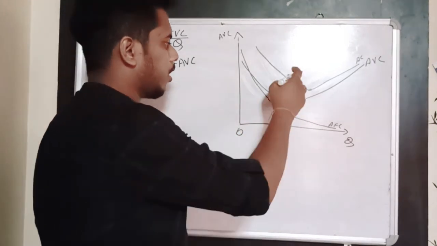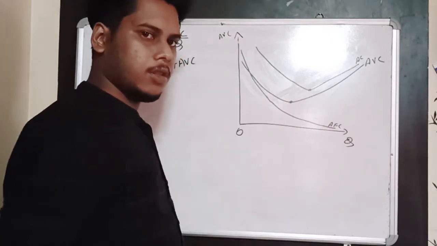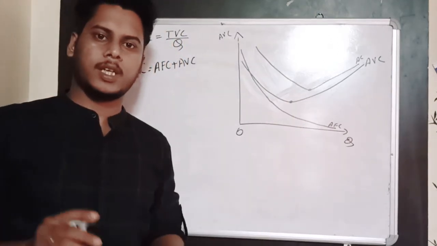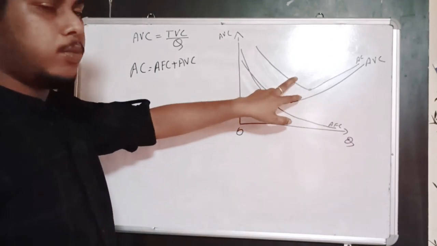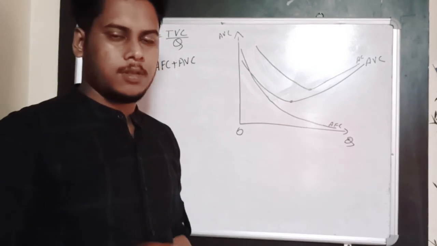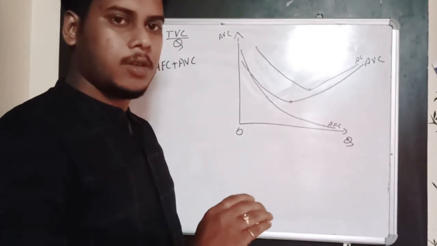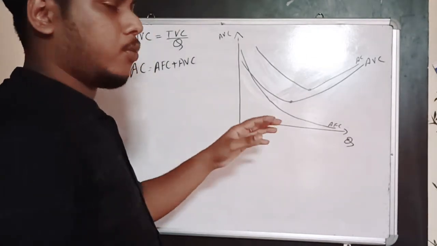They won't be on the same point or at the same level of output. If you find this in any book, then it is wrong. The minimum point of both these curves cannot lie at the same level of output. The AC will be slightly on the right hand side. Now I will explain the reason.